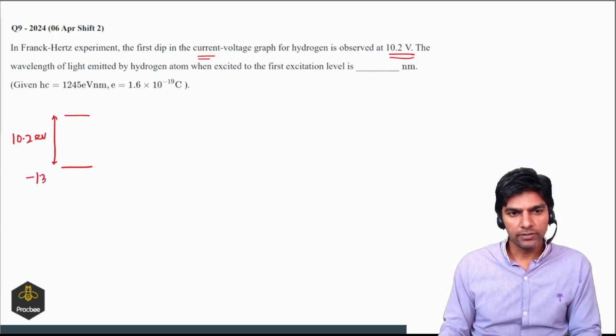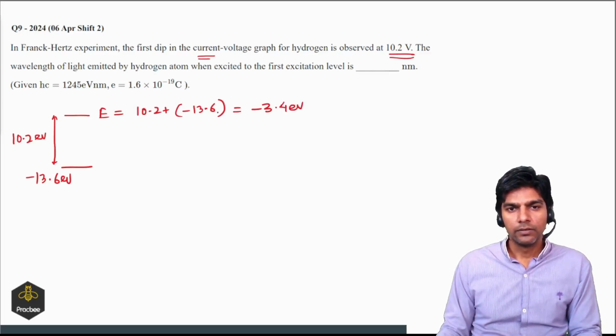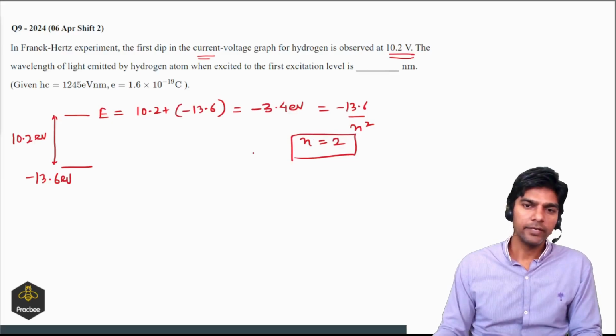So if this is minus 13.6 electron volt, then the energy E will be 10.2 plus minus 13.6. So it comes out to be minus 3.4 electron volt, right? And what is the value of n? So it will be minus 13.6 divided by n square. So n comes out to be 2, right? So n comes out to be 2.